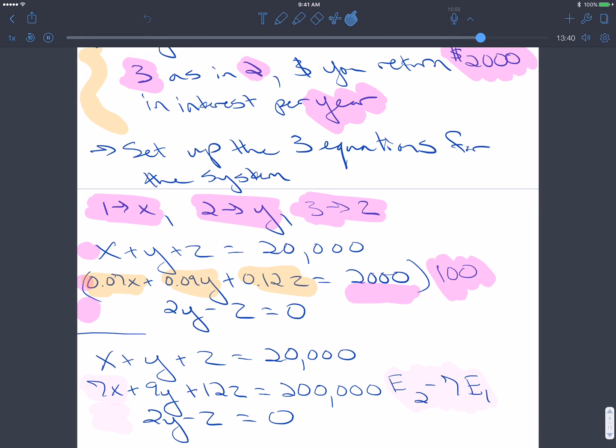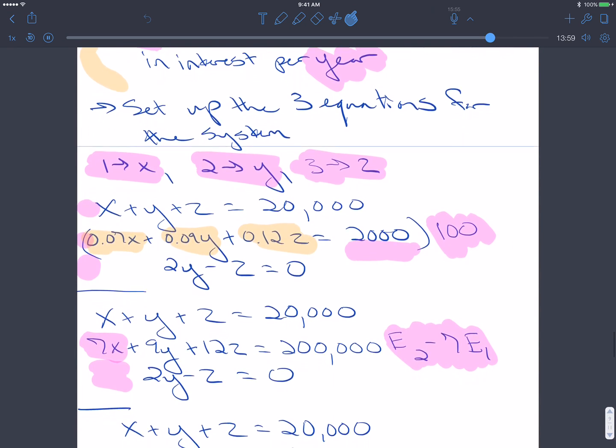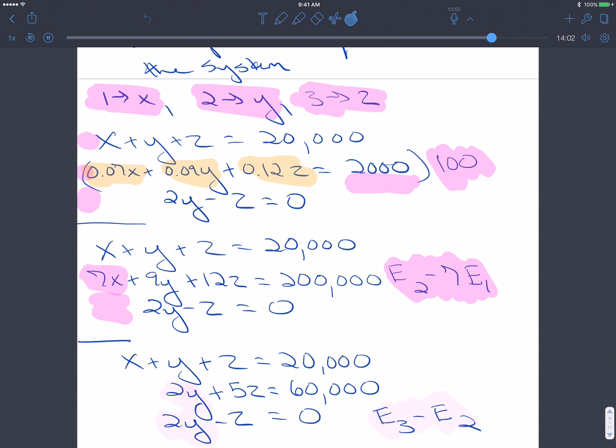Now I need to perform Gaussian elimination to make it a triangular form. So I will subtract 7 of the first equation from the second because there's no x in the third equation, so I don't need to do anything to that. But I do need to get rid of this 7x still. So the second equation minus 7 times the first equation will reduce down to x plus y plus z equals 20,000, 2y plus 5z equals 60,000, and I still have my 2y minus z equals 0.